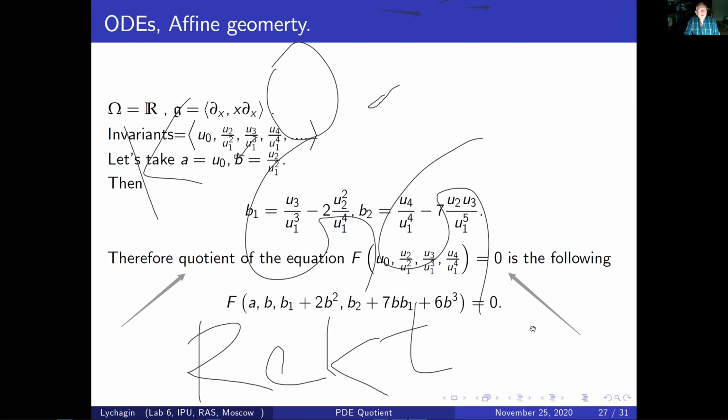Okay, and one more construction. If you just take the affine group, so just GDEq and XGDEq, then the invariance looks like this line. This is how the invariance looks. It's also more or less obvious.